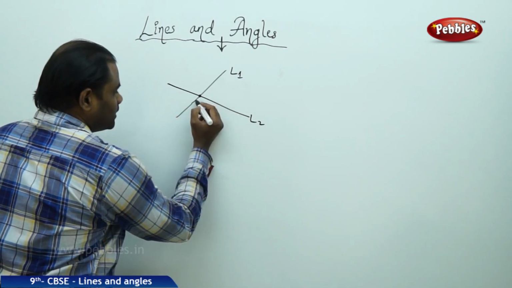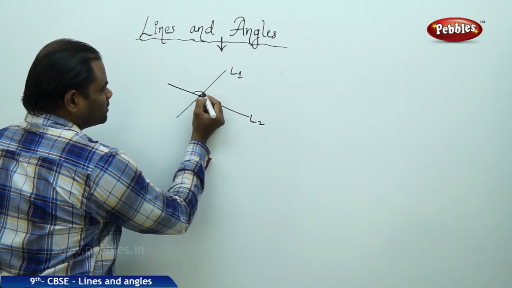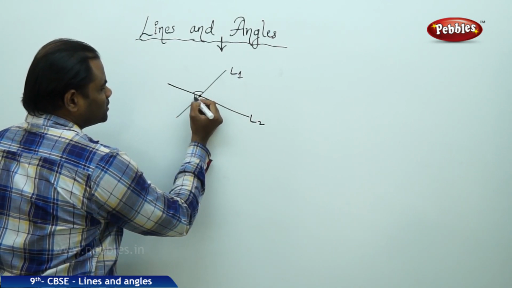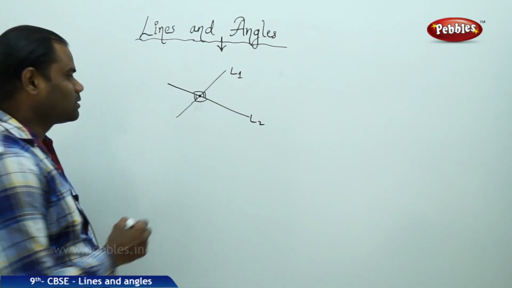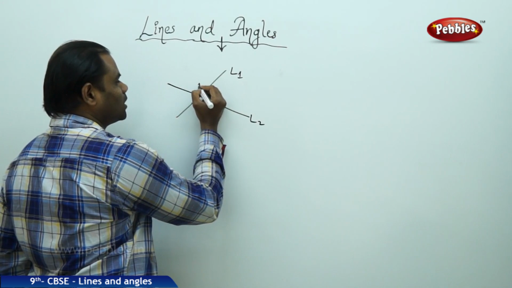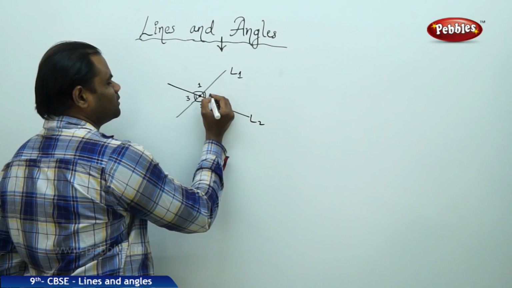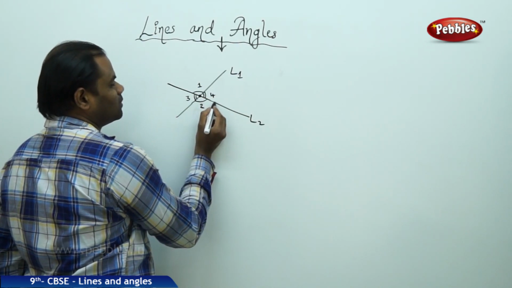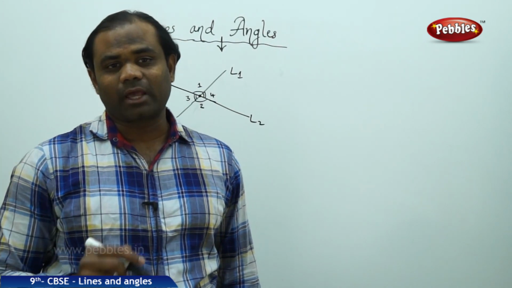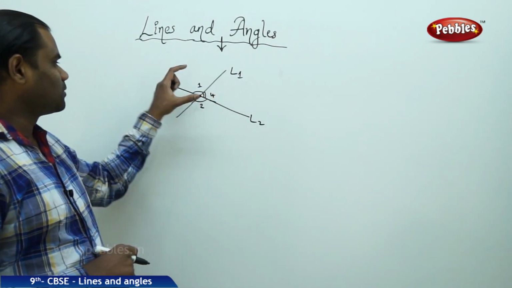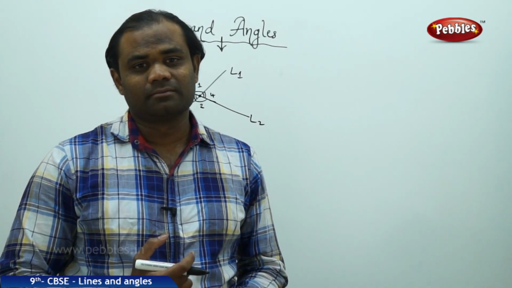I find that there is an angle out here, there is an angle out here, there is an angle out here, and there is an angle out here. So totally there are four angles, 1, 2, 3 and 4. This is how I understand the lines intersecting to form angles. There are angles out here which are formed by the two lines intersecting.